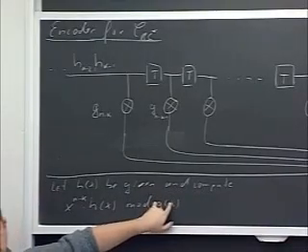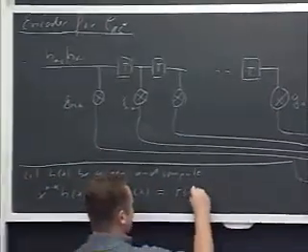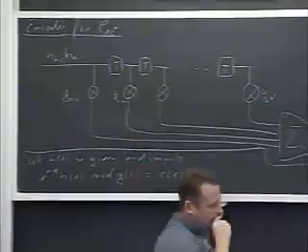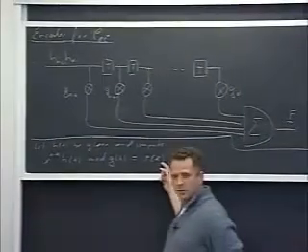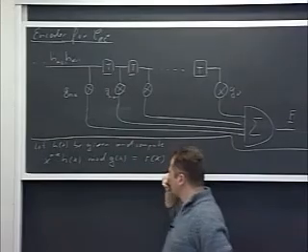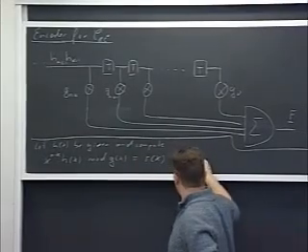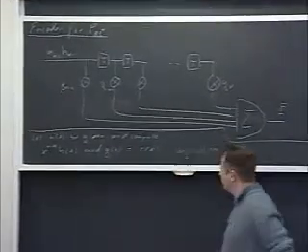We divide it by g, and out comes some polynomial r(x) of low degree, less than the degree of g. In particular, the degree of r(x) is less than n minus k.